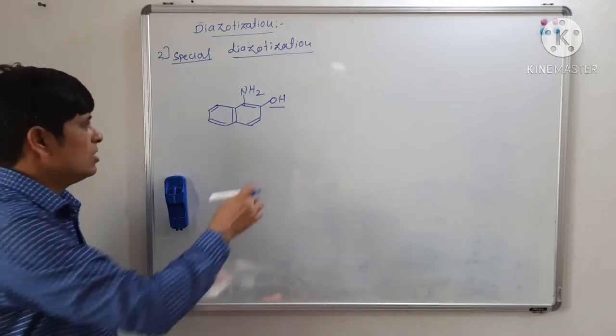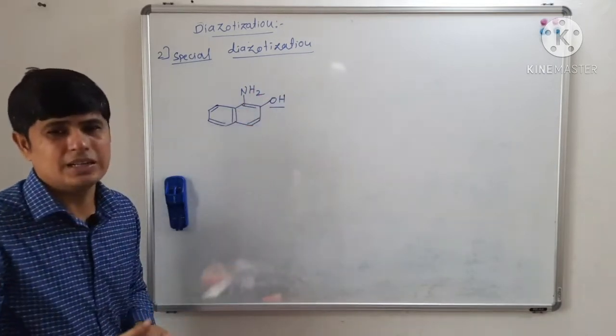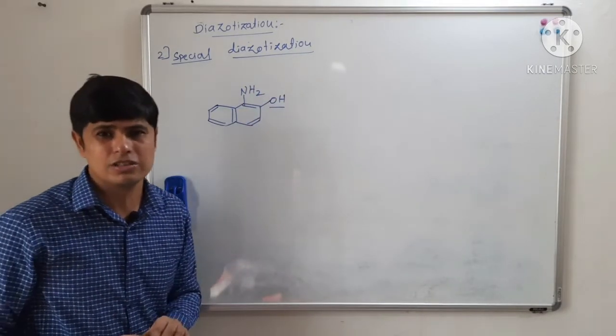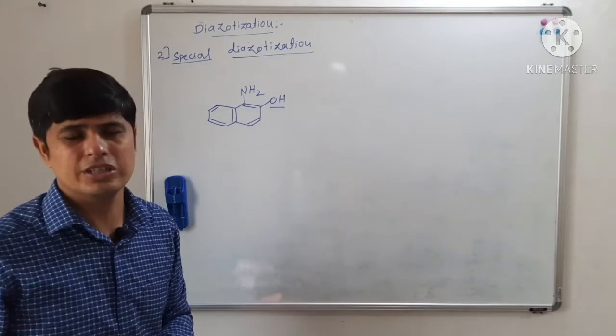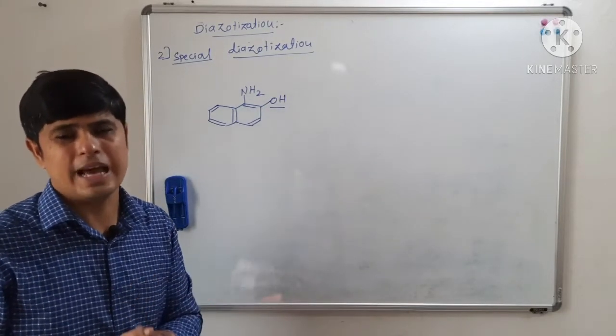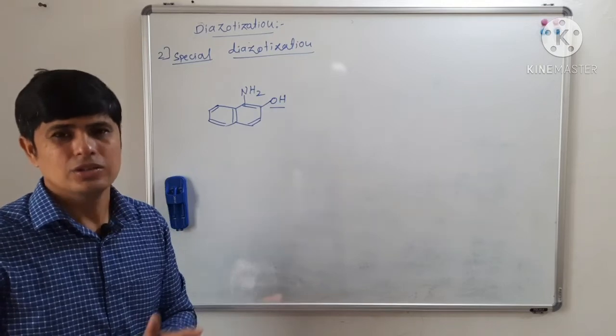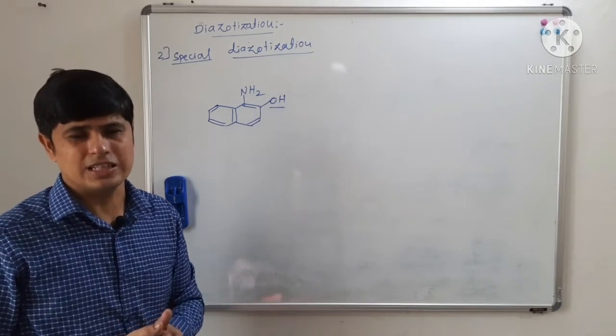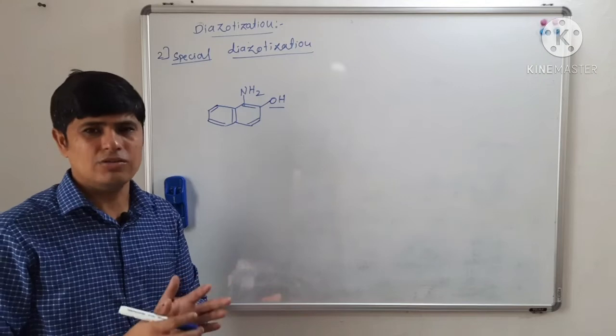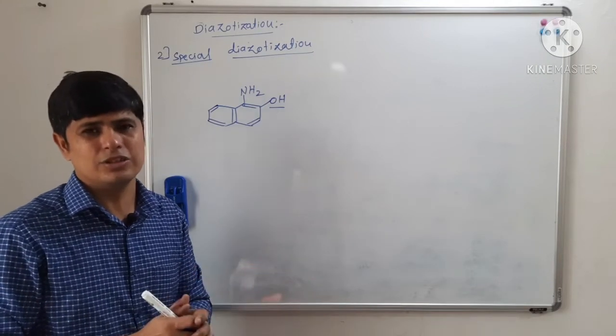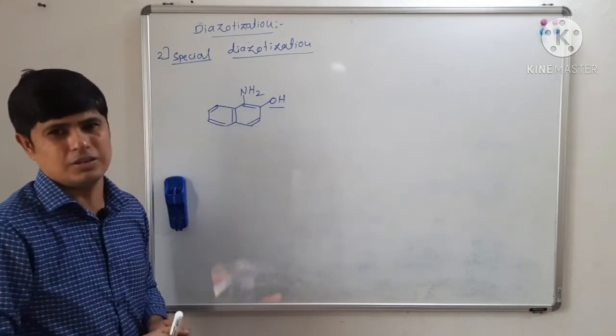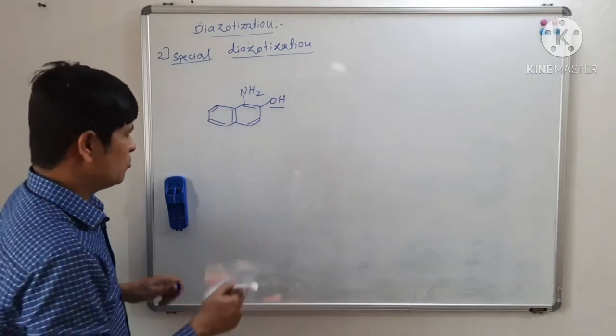So this hydroxyl group can undergo oxidation during normal diazotization reaction. Hence, we cannot carry out direct diazotization or a normal diazotization reaction with such type of compound. Hence, what we have to do?